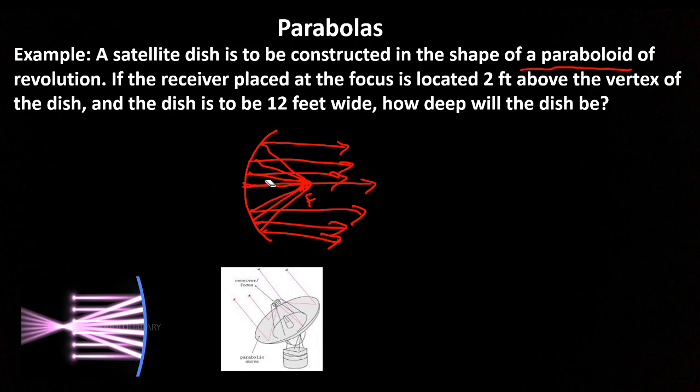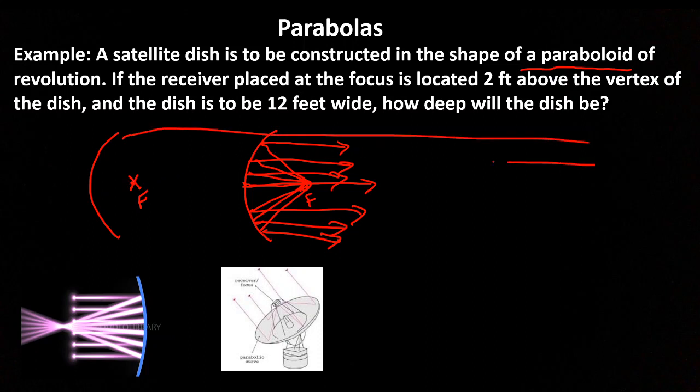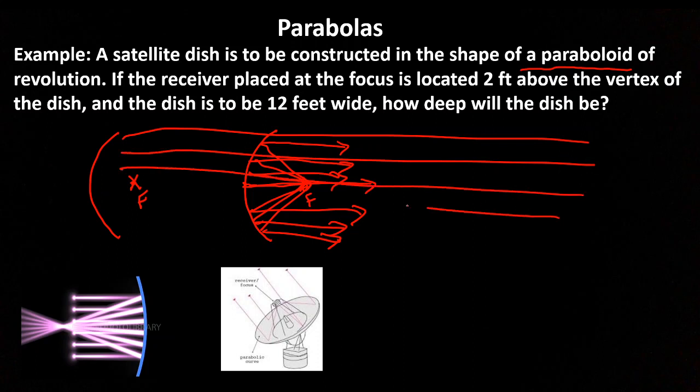You can also reverse this process and build an antenna. So put the receiver at the focus here, and then assume that all the waves come from a distance, they're all parallel like that, and they're going to hit the surface here. What happens when the waves hit the surface?